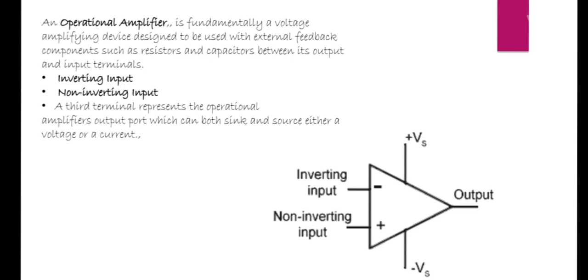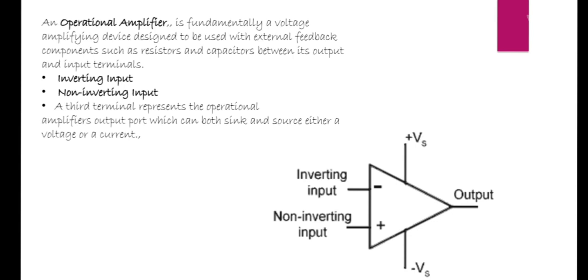operational amplifier. An operational amplifier is basically a three-terminal device which consists of two high impedance inputs. One of the inputs is called the inverting input, marked with a negative or minus sign. The other input is called the non-inverting input, marked with a positive or plus sign.